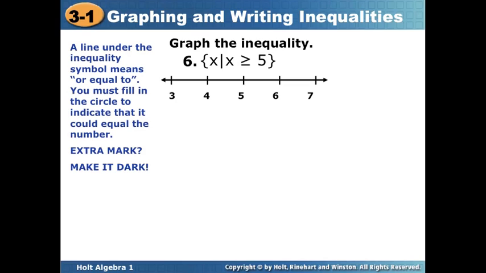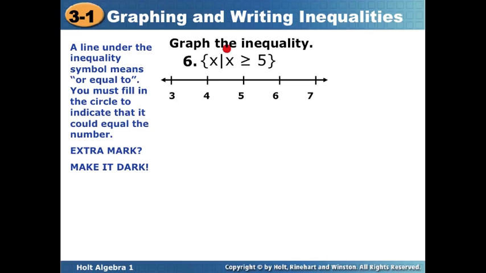A line underneath the inequality symbol means equal to. You must fill in the circle to indicate that we want it to be equal to 5. A way to help you remember that is extra mark, make it dark.